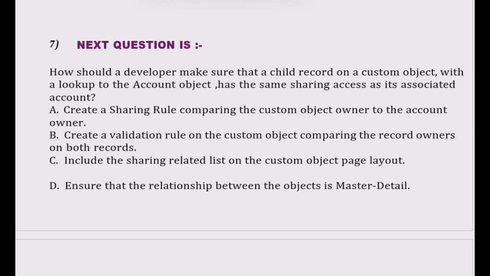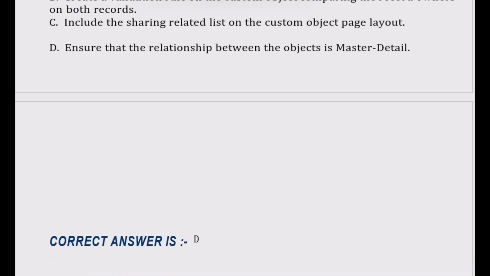Option B create a validation rule on the custom object comparing the record owners on both records. Option C include the sharing related list on the custom object page layout. Option D ensure that the relationship between the objects is master detail. Correct answer is option D.